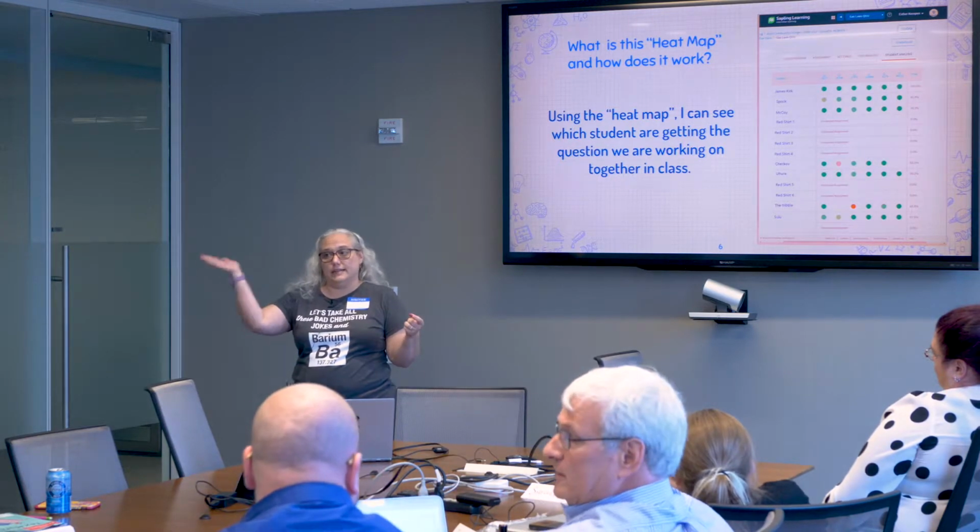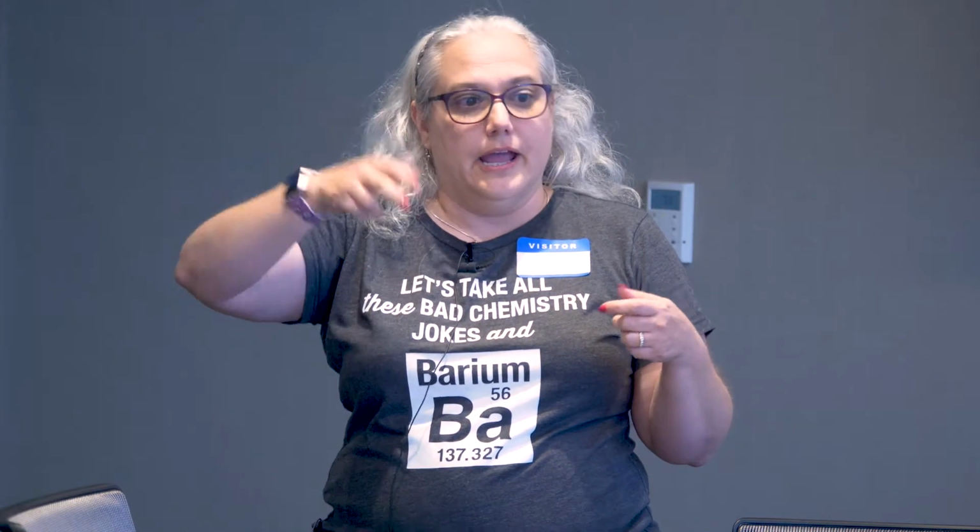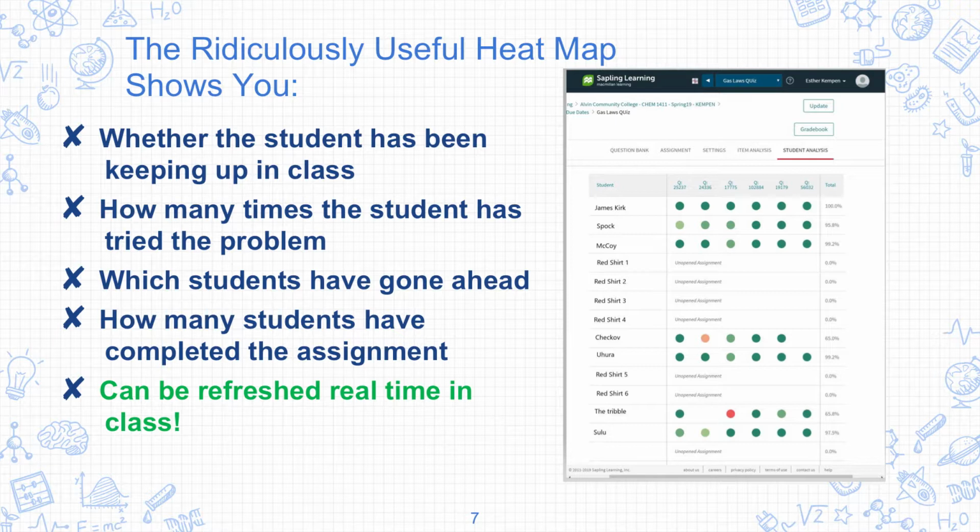So I don't take anything off for them getting it wrong until the due date has passed. So if they figure out how to do the problem later on, and they can go back and fix it, they'll get 100% points.